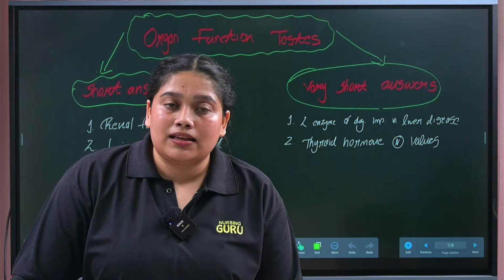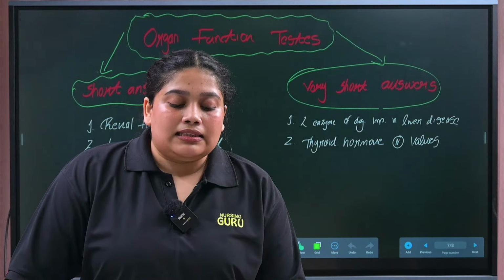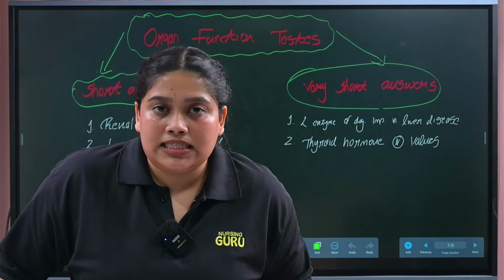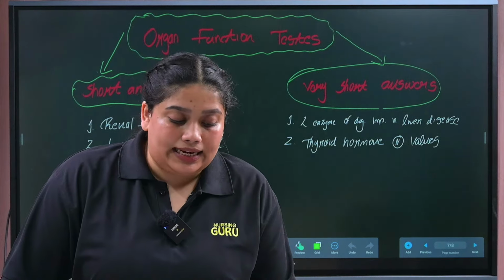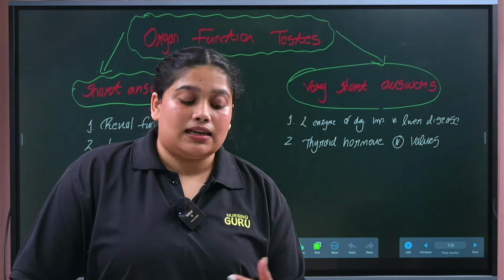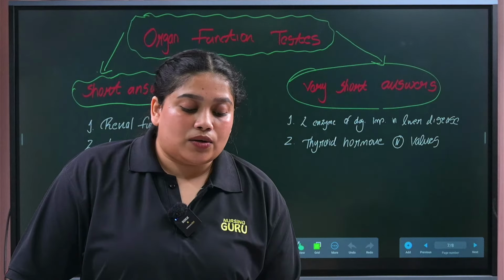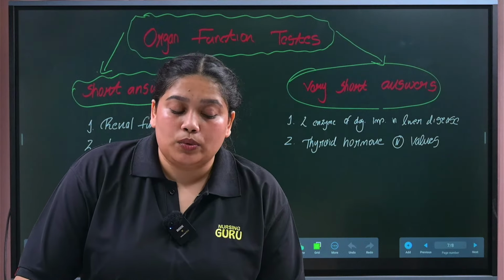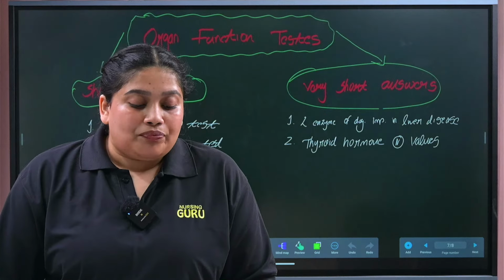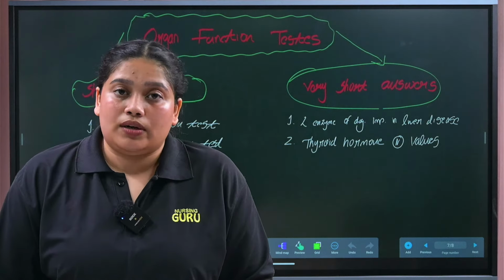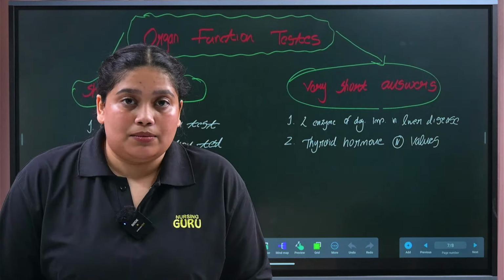In the free thyroid test, the test is FT4 and the value is 0.7 to 1.9, and same like that other tests are there, free thyroid tests and serum thyroglobulin, all with different abbreviations. Okay, and the values are also different, that you have to study.